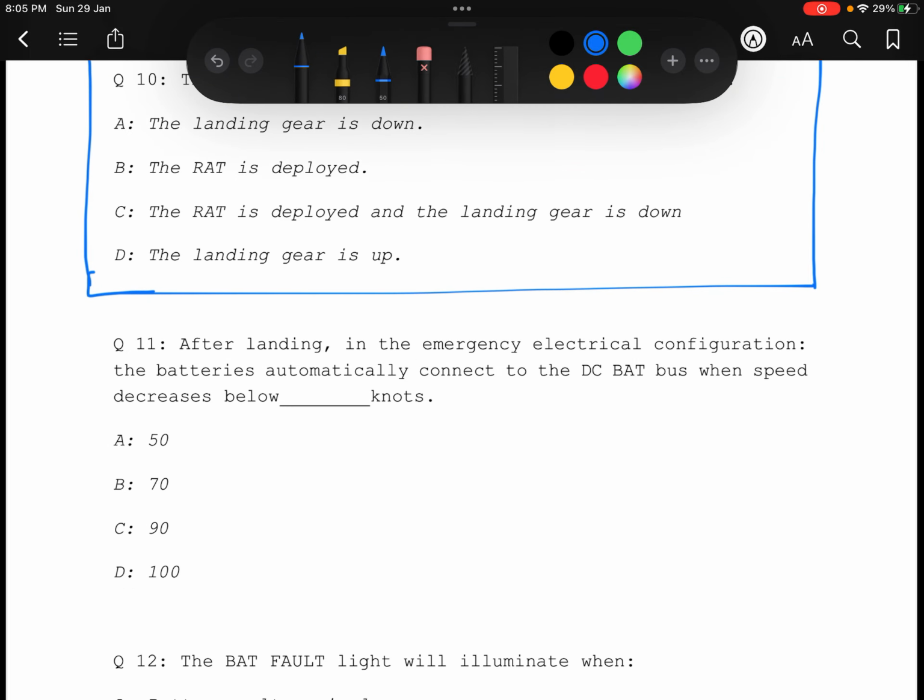Question number 11. After landing in the emergency electrical configuration, the batteries automatically connect to the DC bat bus when speed decreases below 100 knots. It is option Delta. Where is this information given?